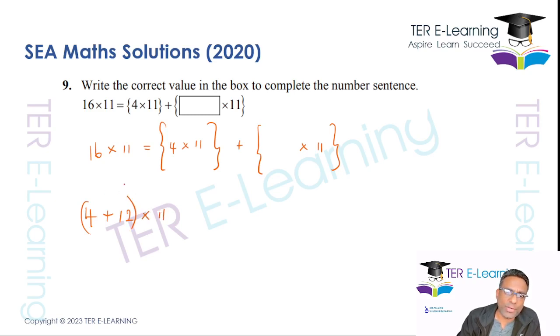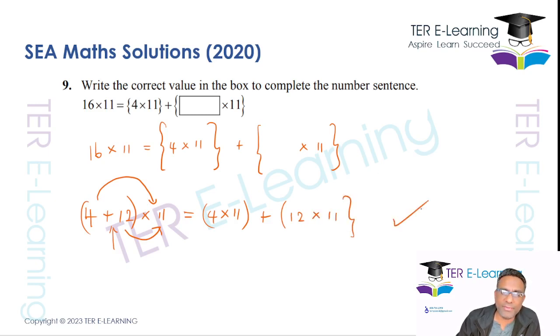When you are removing a bracket like this, we take the 4 and multiply it by 11, and then because we have an addition sign, we put plus here, and then we take this 12 and multiply by 11. So if you compare what I have here with this, what needs to go in the box has to be 12.